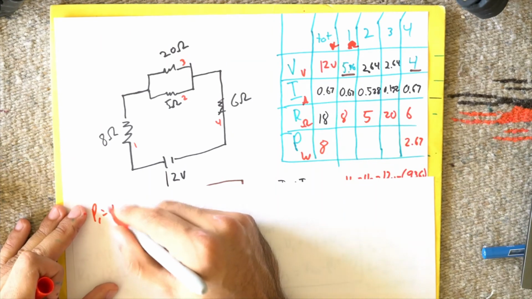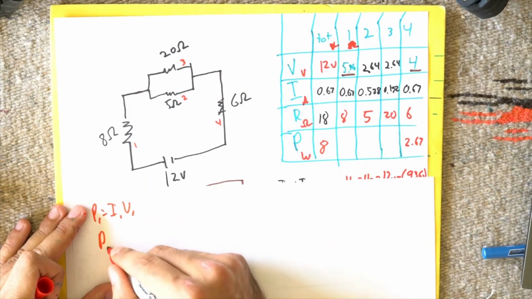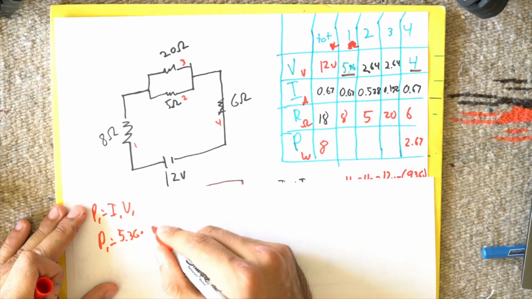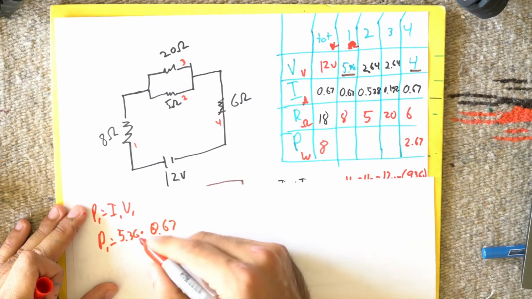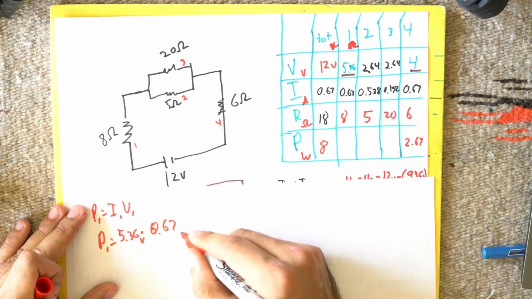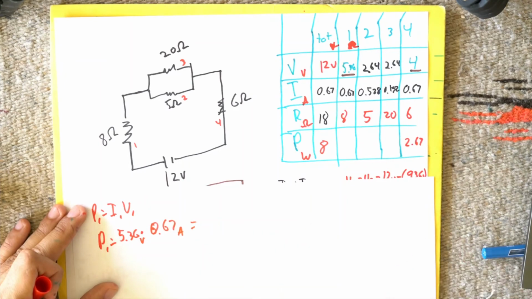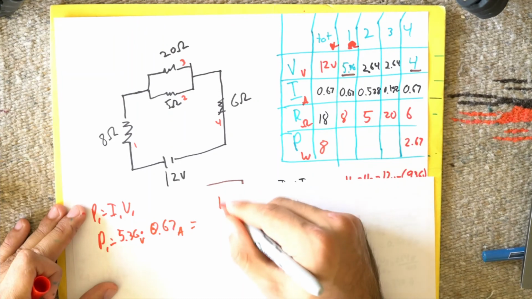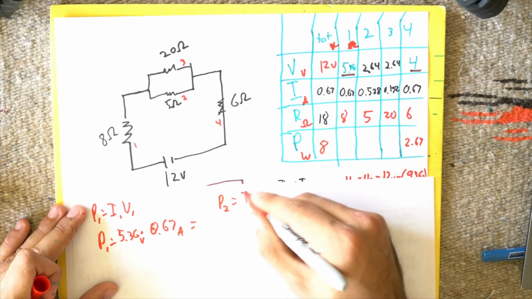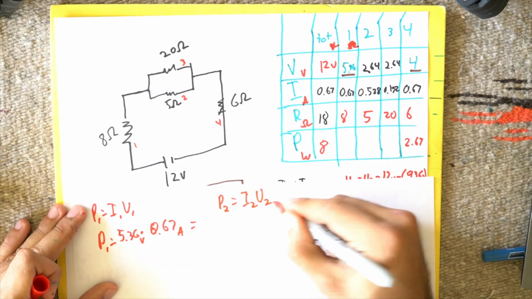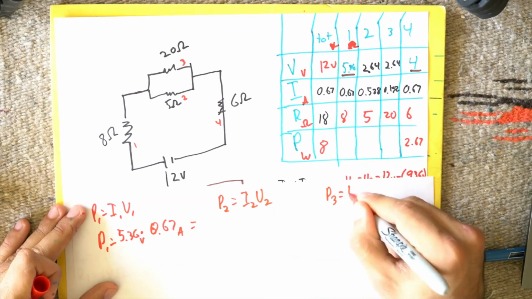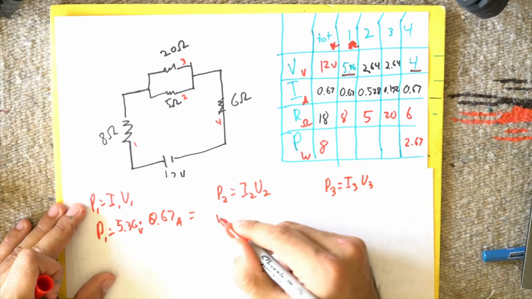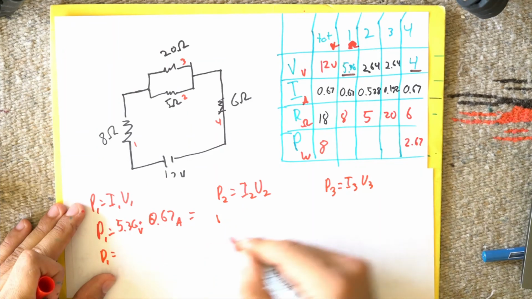P1 equals I1 V1. So P1 equals 5.36 times 0.67. Remember, this is volts times amps. I will do a calculation real quick, and then if you do this, this should come out to the same answer. But let's do P2 equals I2 V2, and then P3 equals I3 V3. Okay, so if you do that, I'll write this answer here.